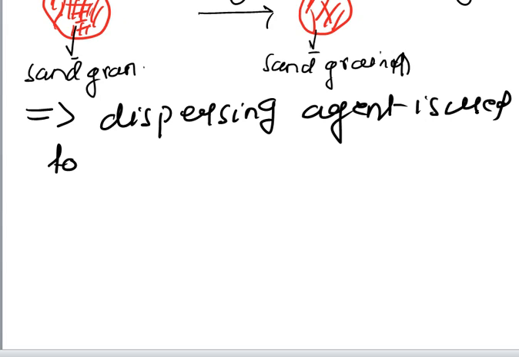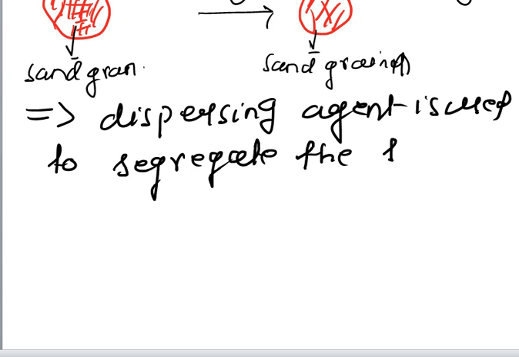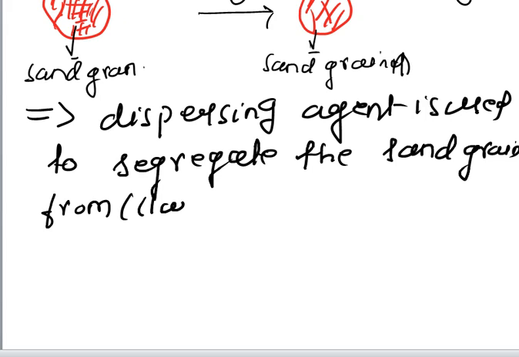The dispersing agent is used to segregate the sand grain from clay plus silt, meaning from the fineness.